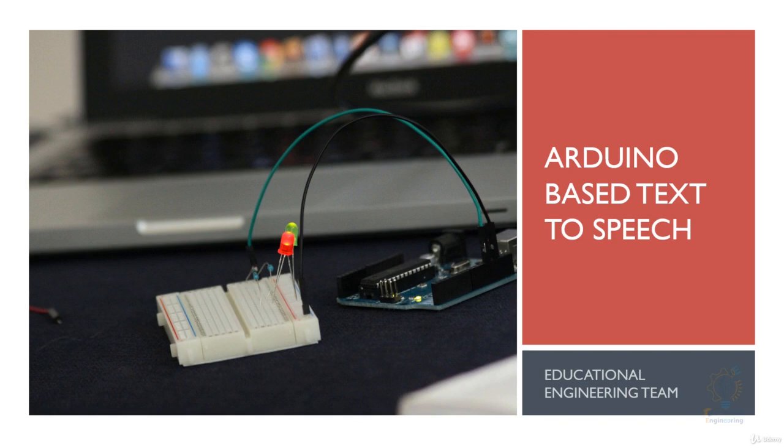In this text-to-speech using Arduino course, you will learn how to convert normal text into speech. This tech enables the system to speak out the text in a human voice.